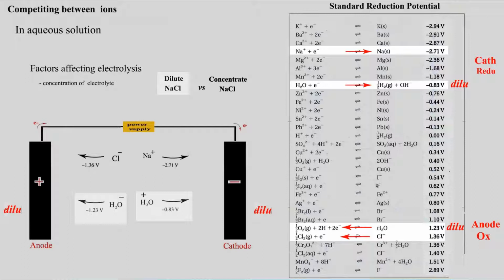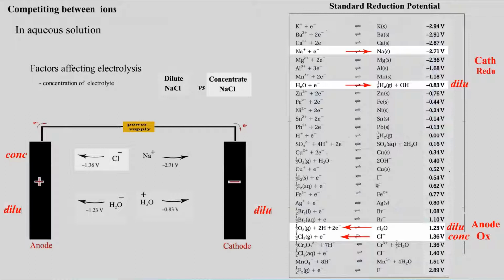Now let's look, how about concentrated? In a concentrated situation, anode will be different. Anode this time, chloride will win. That is unusual. You say, hey, the value is not as positive. How come chloride wins?